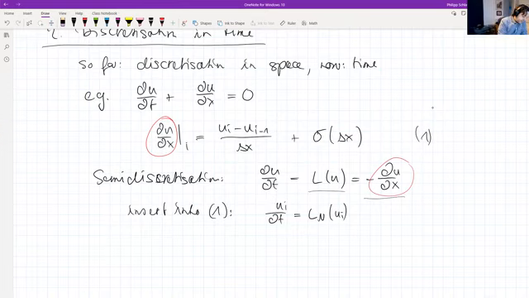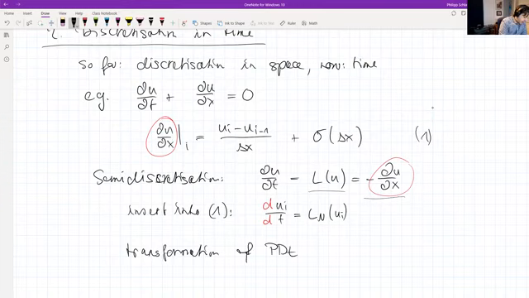So these partial derivatives are actually just normal derivatives. So what we have done by this semi-discretization is a transformation of a partial differential equation, equation 0 in some sense, into an ordinary differential equation of the grid function.